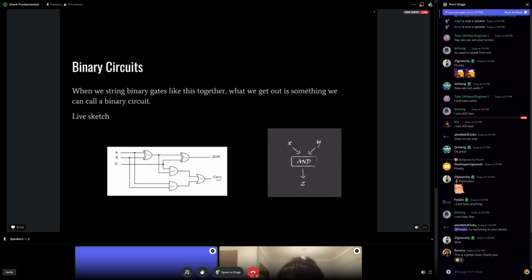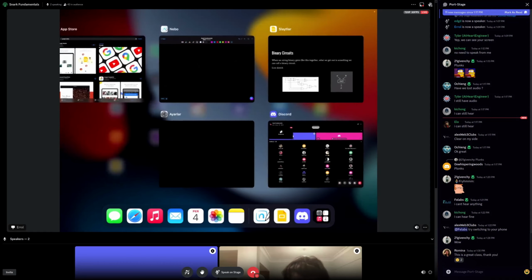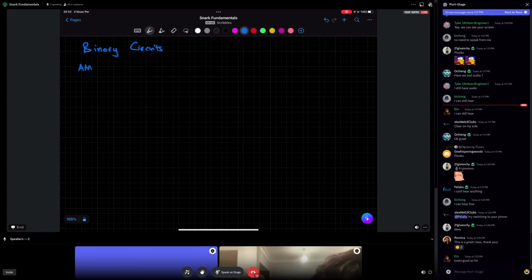So we can try one quick sketch. See if we get this going. I'm going to be drawing here. Let me know if it's not clear or the color doesn't particularly work, because I don't know what this looks like on your end, or if I should write bigger or smaller. Binary circuits. Right, so like I said, we've got the AND gate.